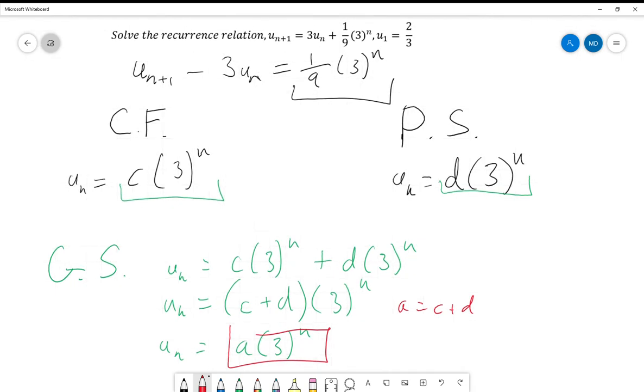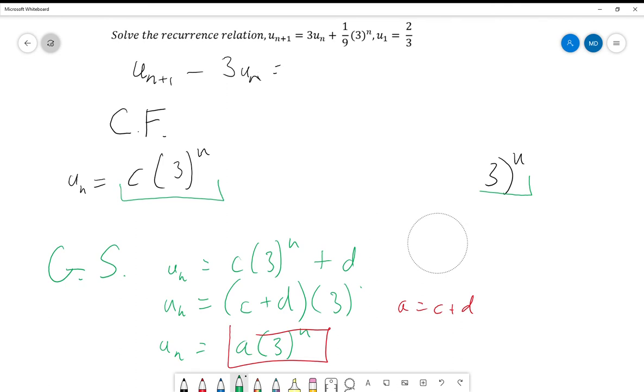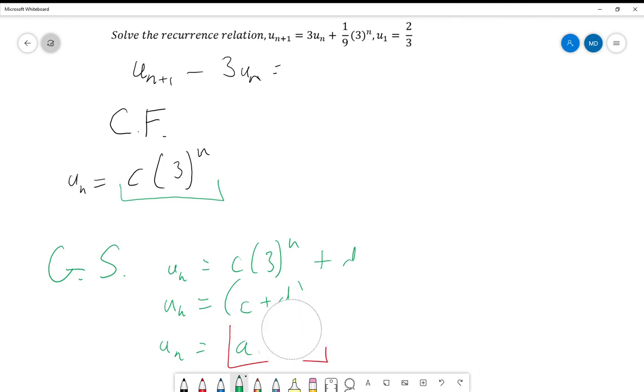This does not give us enough freedom to always satisfy both, and this is really important, it doesn't give us enough freedom to satisfy the initial condition and the non-homogeneous part. There are two things that need to be solved there, and for that we need two different unknown constants. And so there is a general way that we deal with this situation.